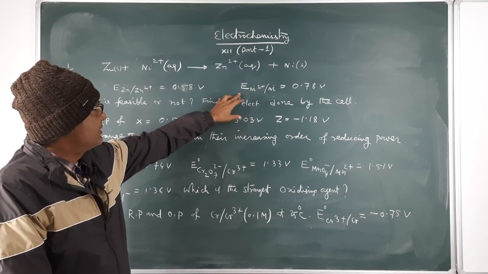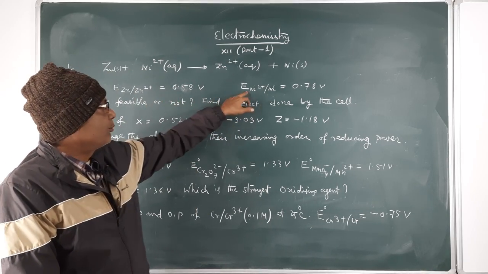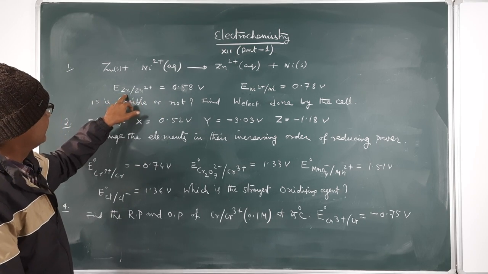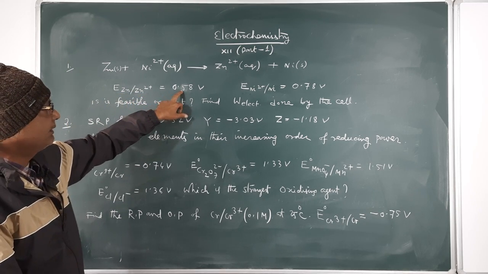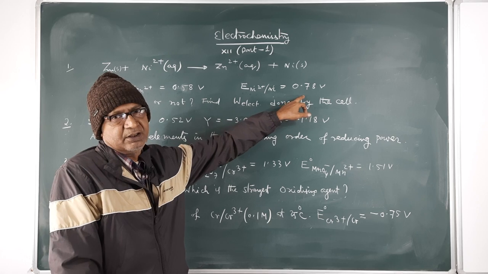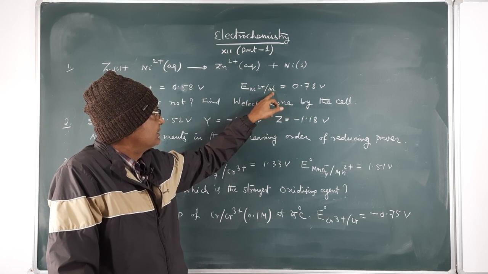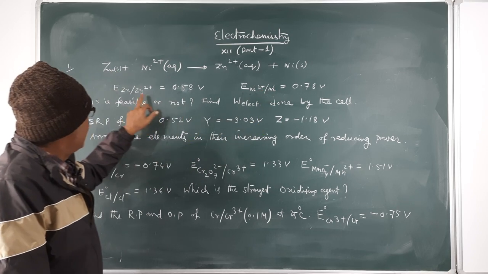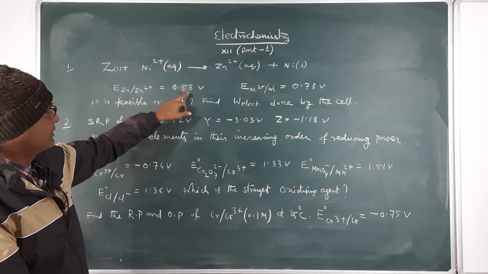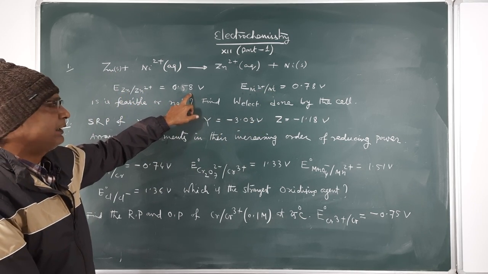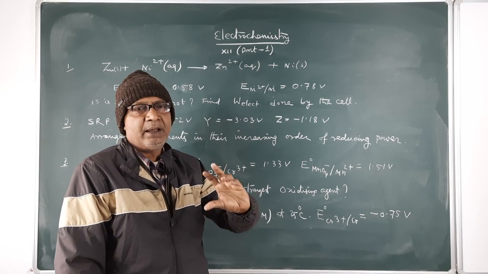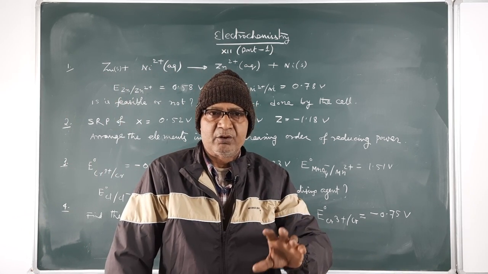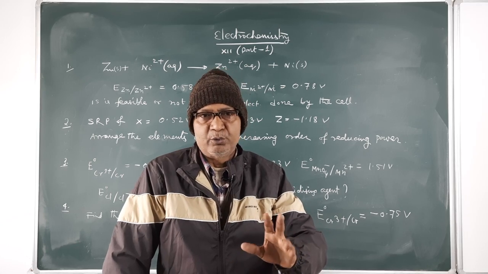These are not standard electrode potentials. From the notation it is clear that this is an oxidation potential and this is a reduction potential. Here Ni2+ to Ni is reduction, so it is a reduction potential, and this one is oxidation, so it is an oxidation potential. It can be given in any term, either reduction potential or oxidation potential. You know how to change it.